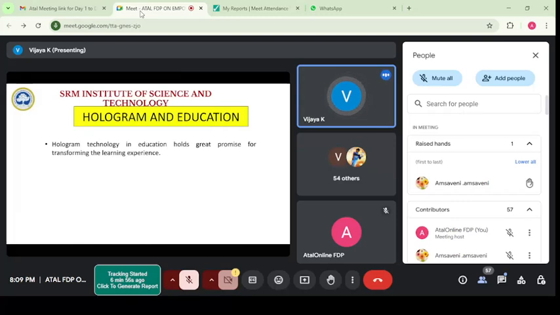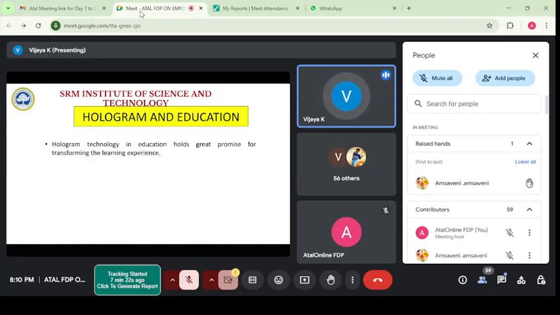Say, for example, when we talk about networking technology, we say that the data is moving from one system to another with the help of a cable. This cannot be visualized by the learner. And if at all they are able to visualize by themselves, each one would perceive it in a different manner.